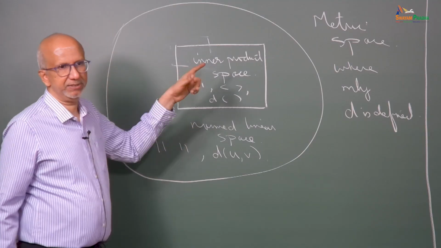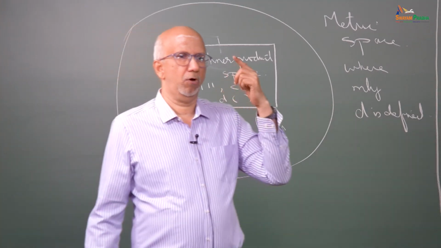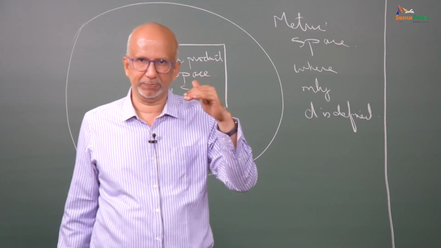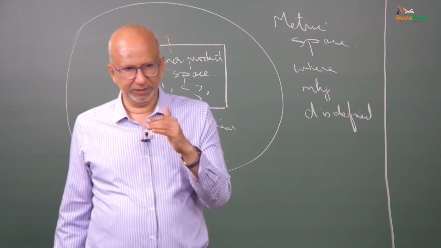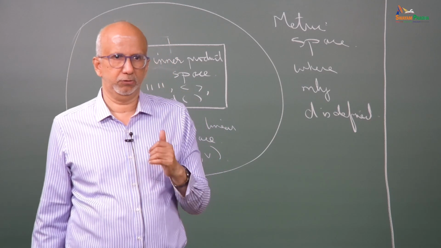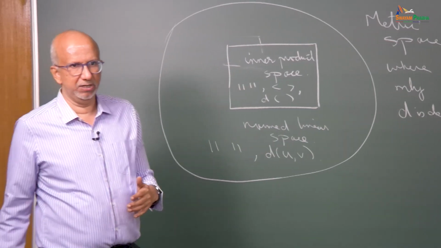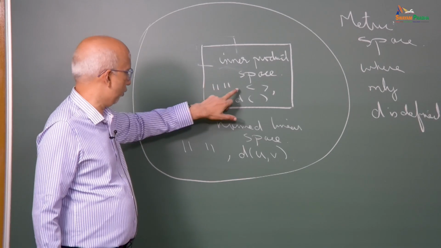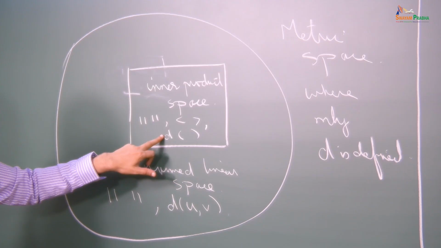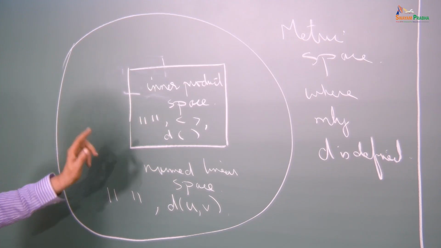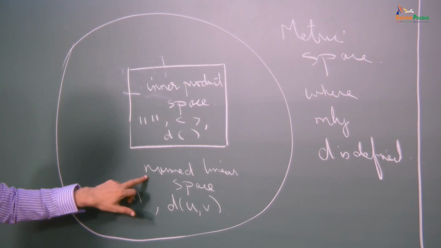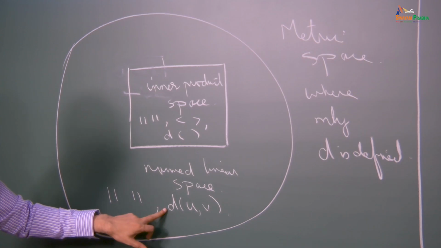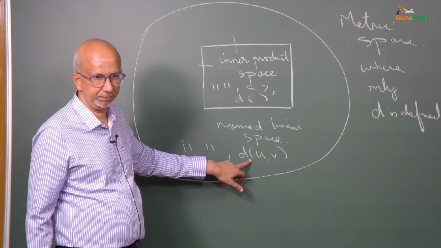So, a normed linear space does not have to be an inner product space, whereas the inner product space automatically defines a norm, automatically defines a metric. Therefore, if I say a space is an inner product space, automatically the other two are defined. There was some question about whether the converse is true or not. So, an inner product space is necessarily a normed space, is necessarily a metric space. A normed linear space does not have to be an inner product space. A normed linear space is definitely a metric space, because automatically a metric is defined.